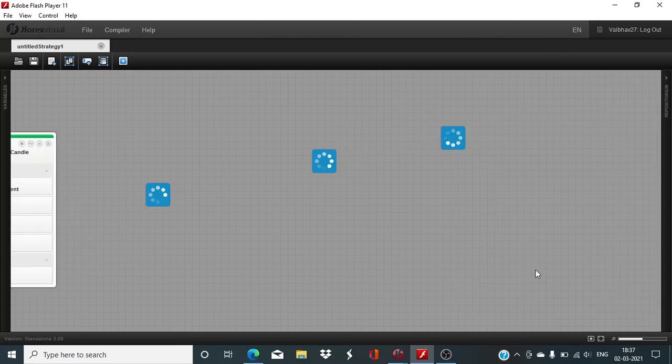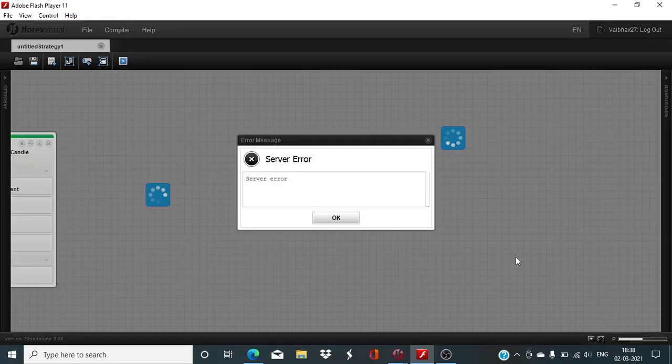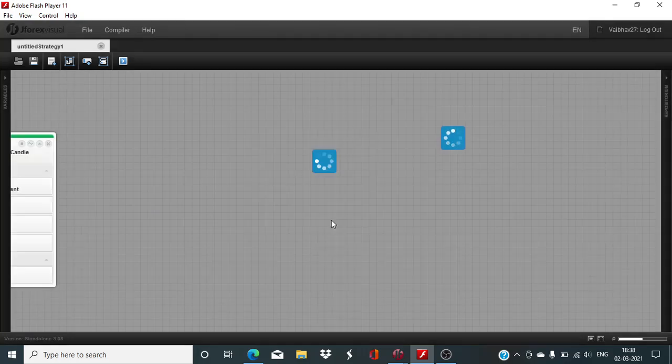It's taking a bit of time. Let's see what's wrong. Server error. Oh no. I think there should be some problem of internet connectivity.